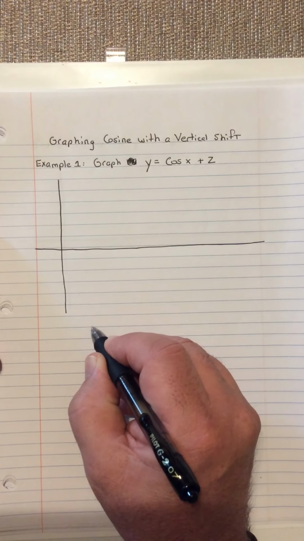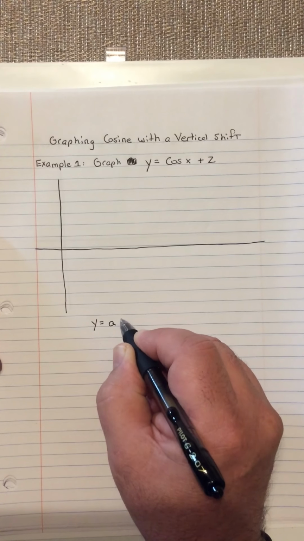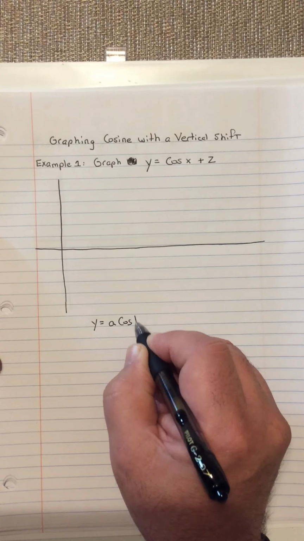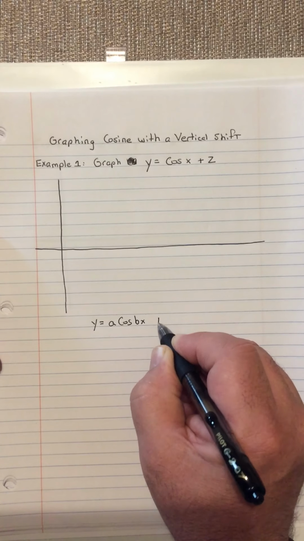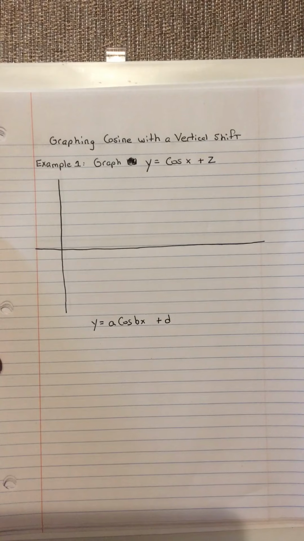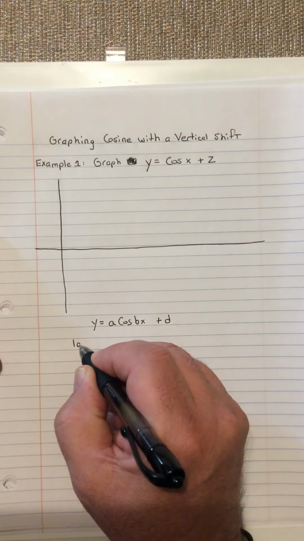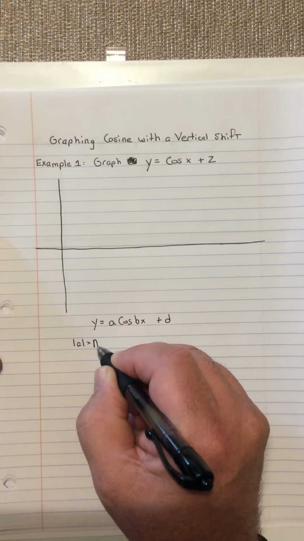So what we have done is we have taken the equation y equals a cosine bx. We've now added something out here on the end. In this example, it's 2. Remember, the absolute value of a is the amplitude.